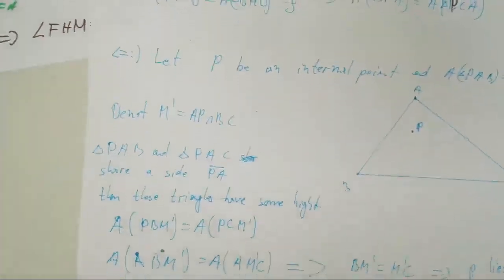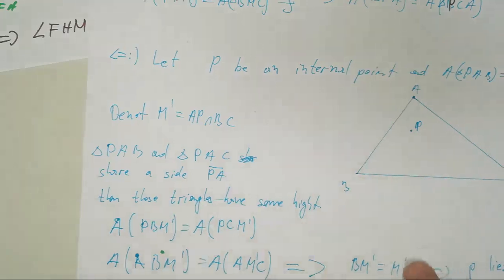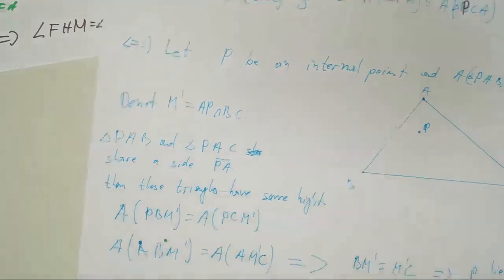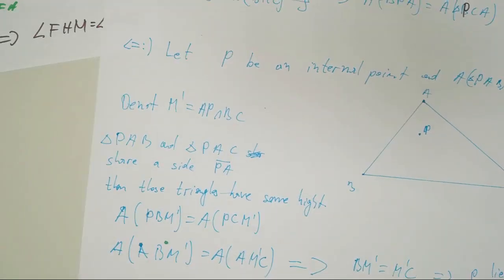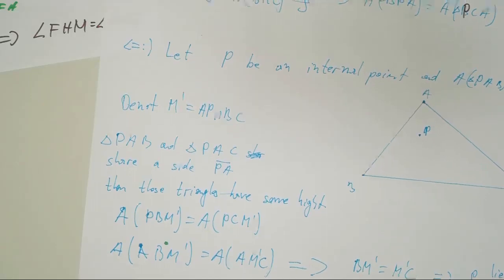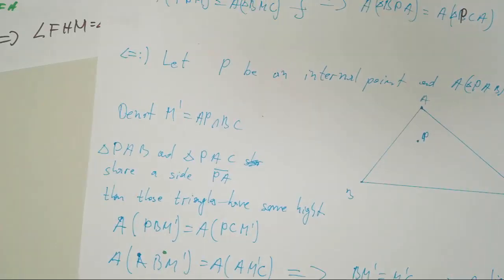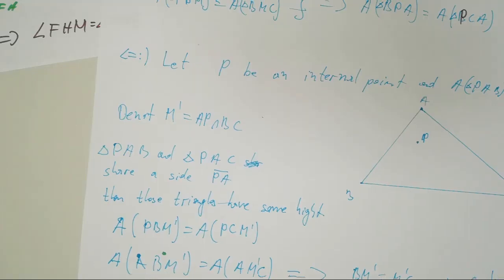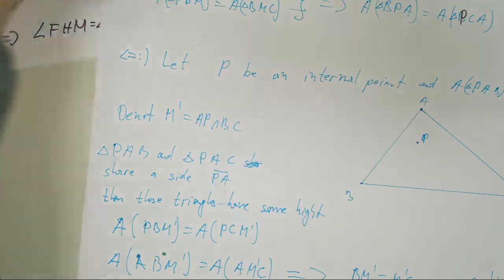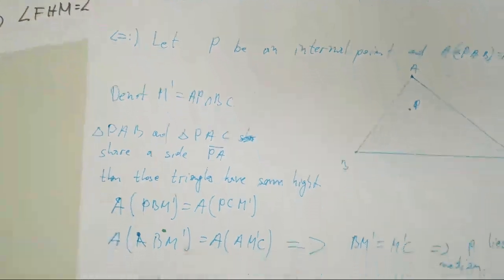Let's denote M prime. Let's use the notation M prime for the intersection of AP and BC.